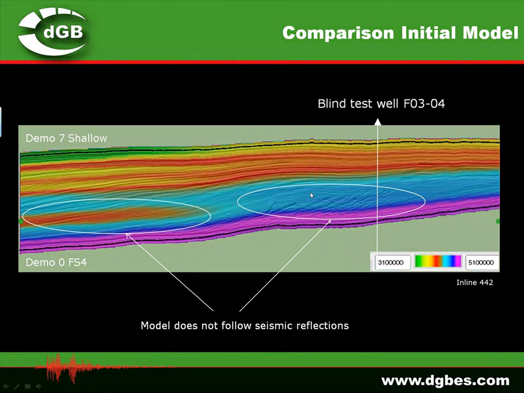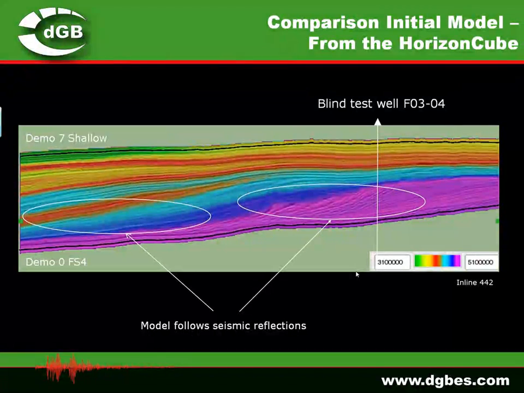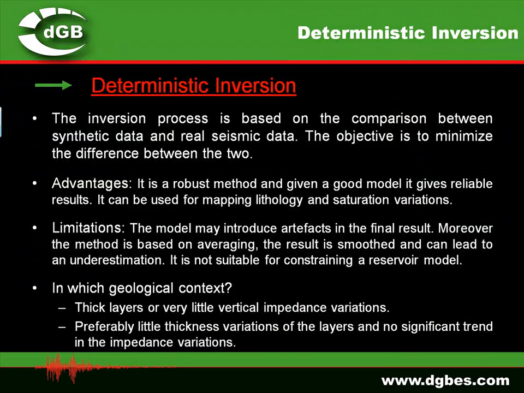You can see here and here, it's not following the seismic. But here, as we had more horizons, it's following. So the model is better. And that will have a big impact on the inversion results.